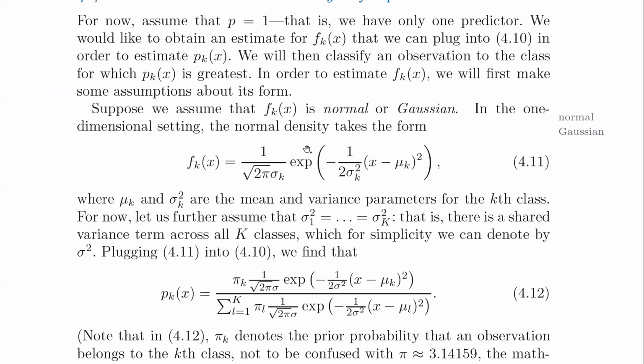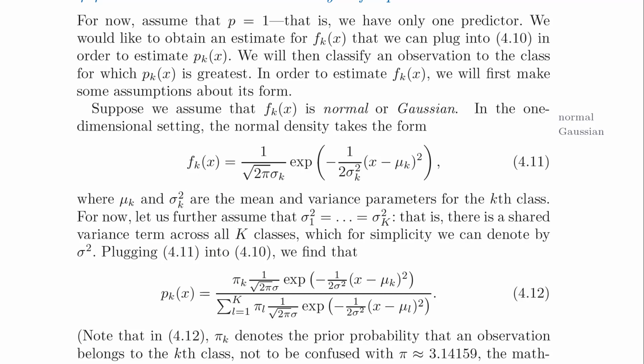In the one-dimensional setting, this is the algebraic description of the probability density function. Think of it as the histogram of this normally distributed FK, where mu k is the mean and sigma k is the standard deviation. When you square it, then you have the variance parameters for the kth class.